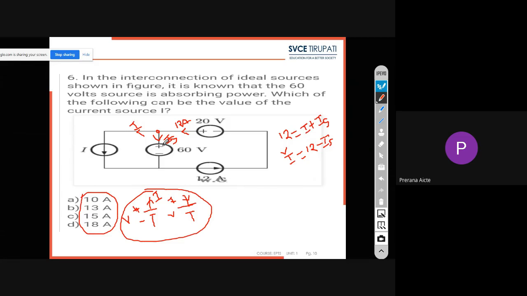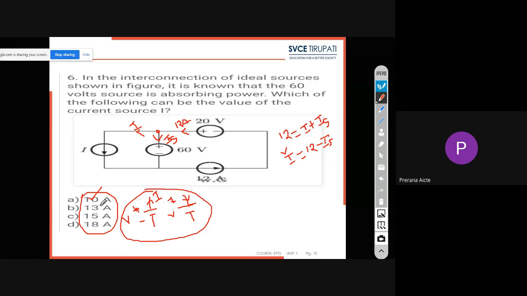They clearly mention it absorbs the current. I don't know what the IS value is, but whatever current you calculate should be less than 12. So just compare this with the answers. This is 10 amps, less than 12. The remaining are 13 amps, more than 12, and 15 and 18 are also more than 12. So which is the correct answer?